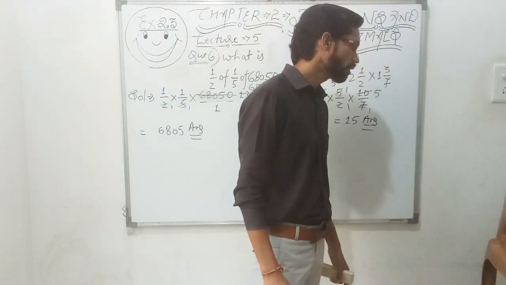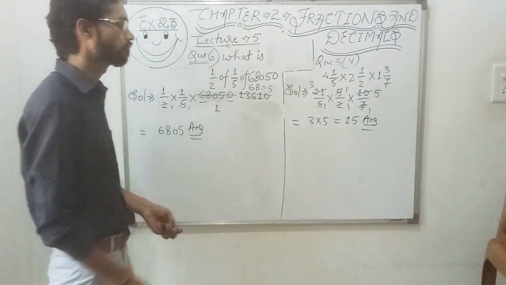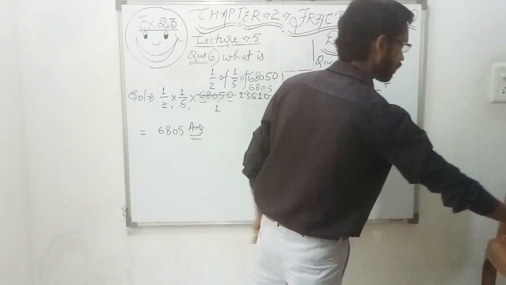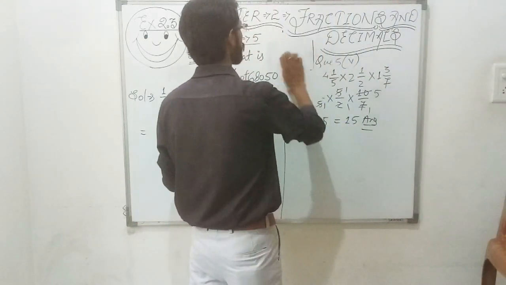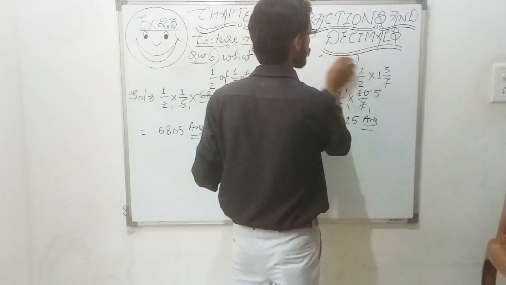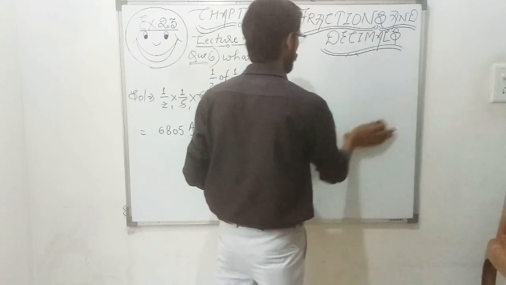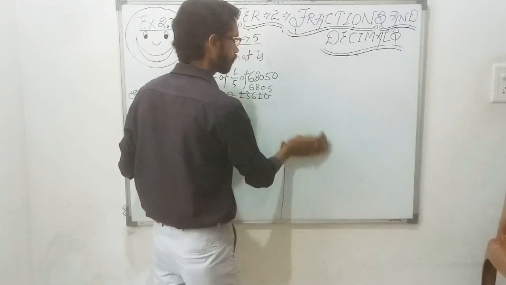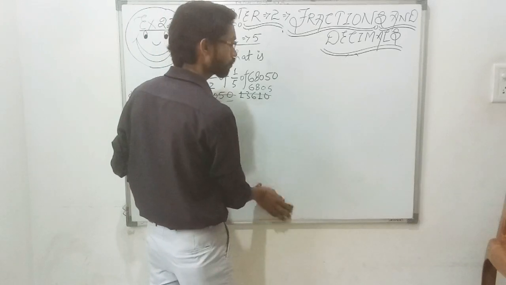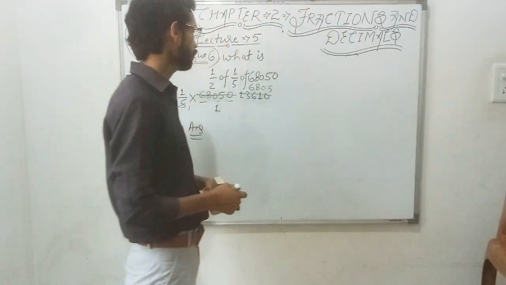Now we'll move on to the last question. Question number 7, you can do it in the homework. Okay, so question number 7 and 8 are word problems. So question number 7 is homework. Question number 8, what it is saying is that a truck covers a distance of 62 and 1 by 2 kilometer in 1 hour.